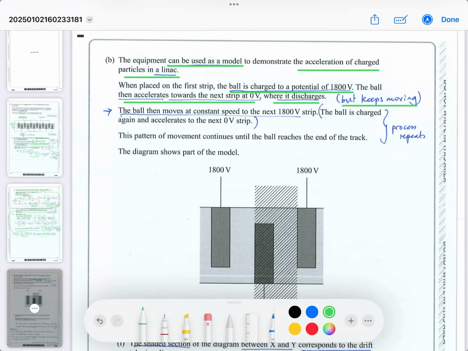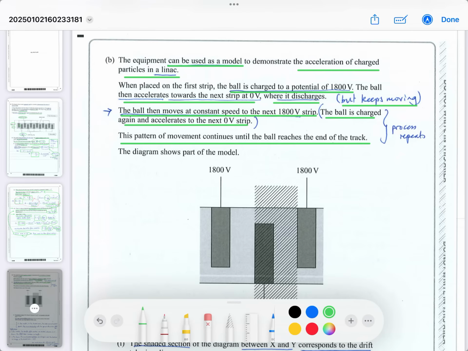But then it moves at a constant speed towards the next 1800 volt strip. The ball is then charged again and accelerates again to the 0 volts, and this process repeats itself. The pattern of movement continues until the ball reaches the end of the track. So it's a repeated process.